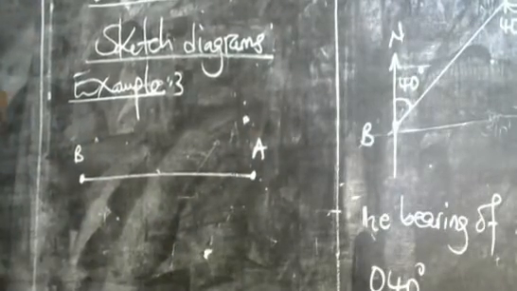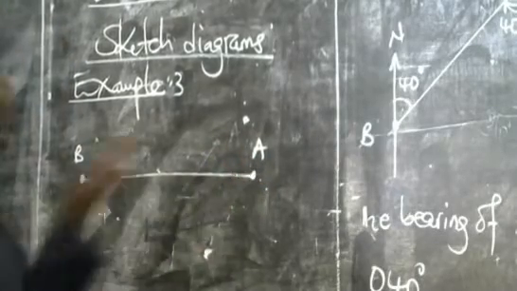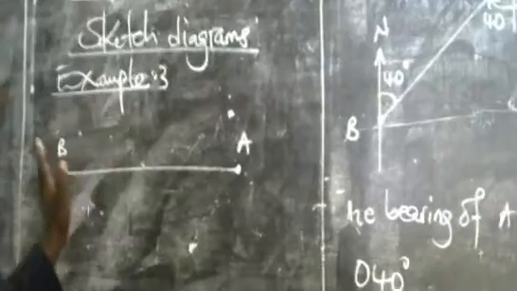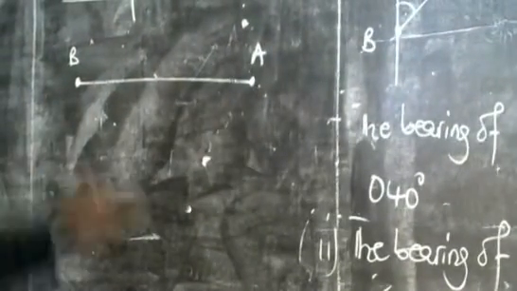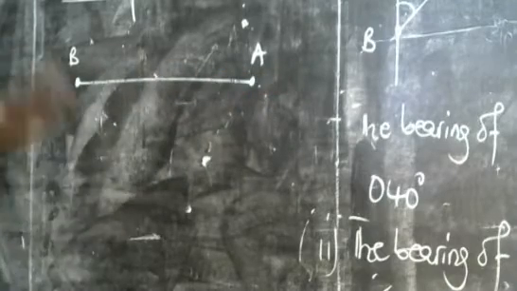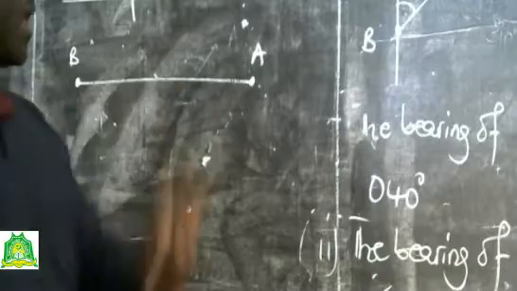I now have two positions. Can be 2 towns, 2 cities, whatever. But there is A, there is B. These ones are connected in such a way that this one is a straight line.